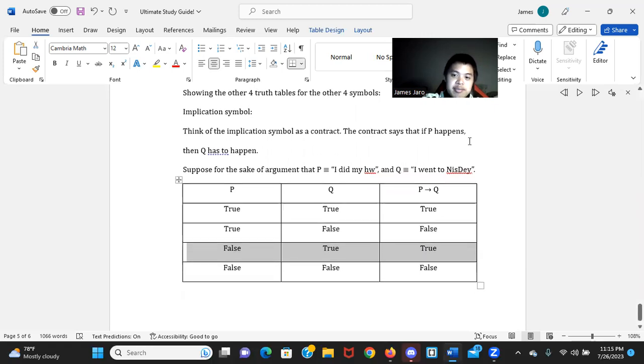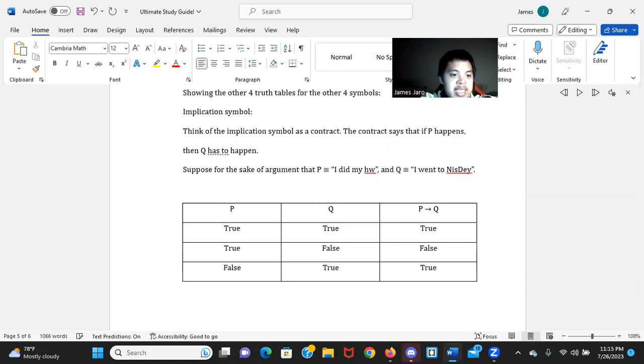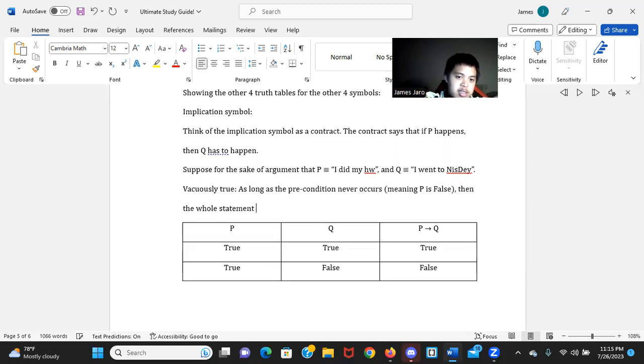So I'll write this down: the idea of vacuously true is that as long as the precondition never occurs, meaning P is false, then the whole statement P implies Q always evaluates to true. Because, well, nothing happens.